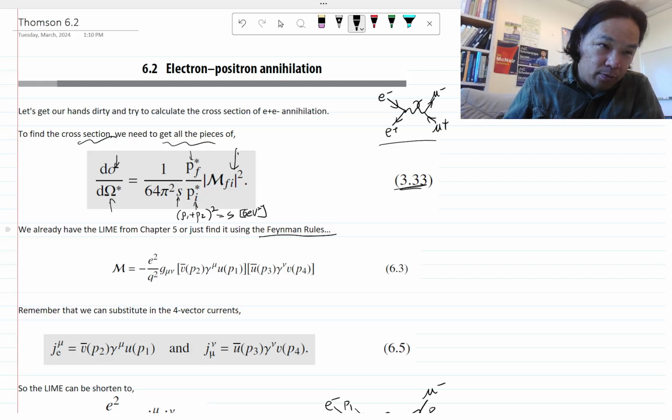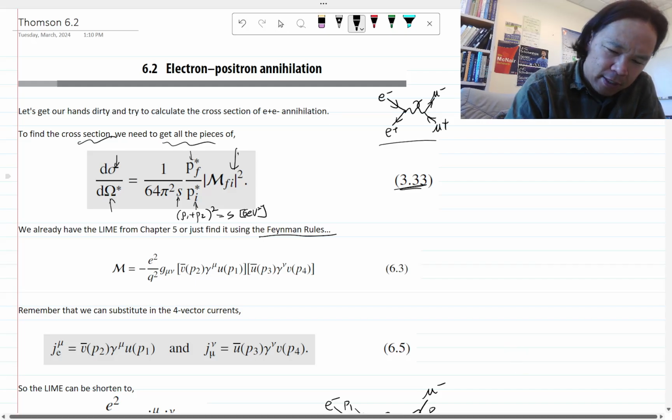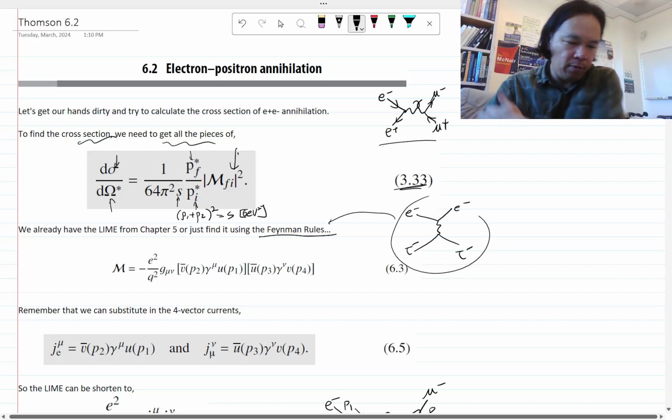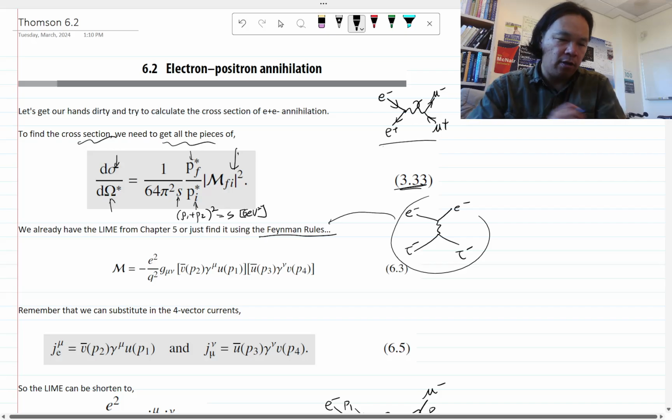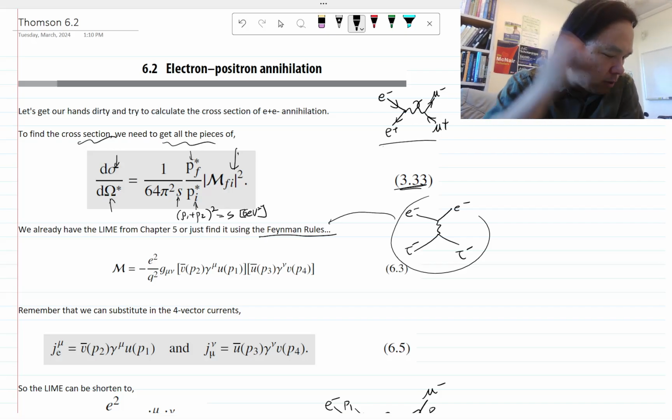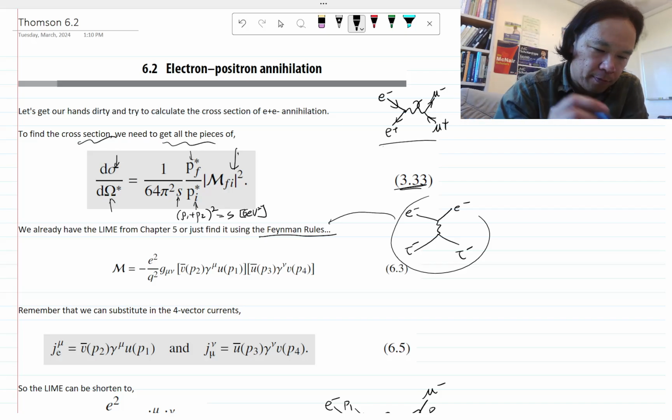We actually did it with the pure Dirac equation method for, I think, an electron scattering off a tau. I think that was the one we did manually, okay? But from this example we found that there are some rules we can follow in order to write this matrix element pretty quickly, okay?